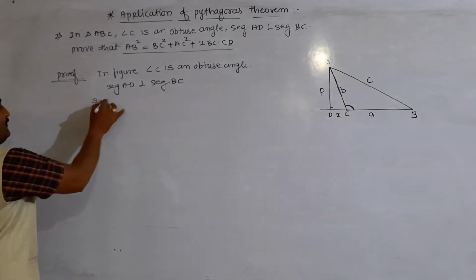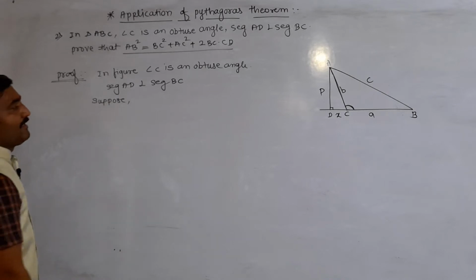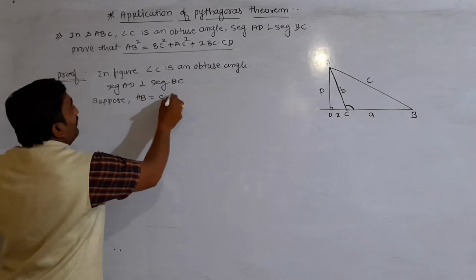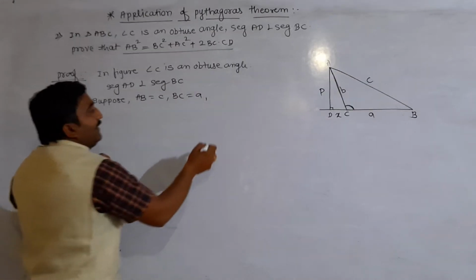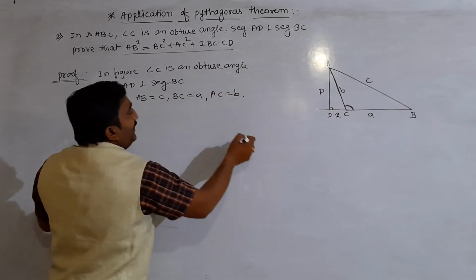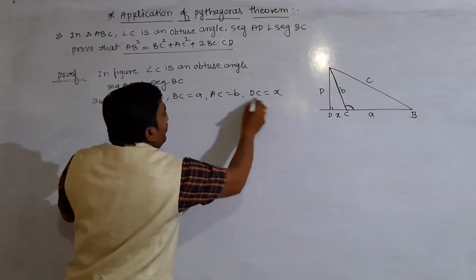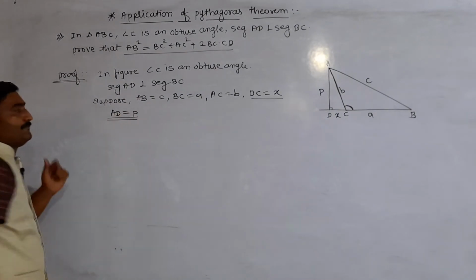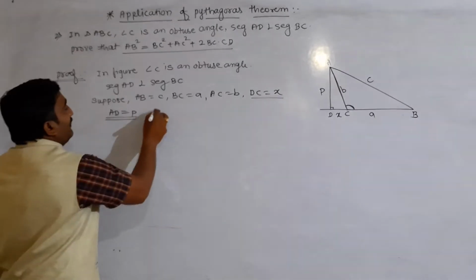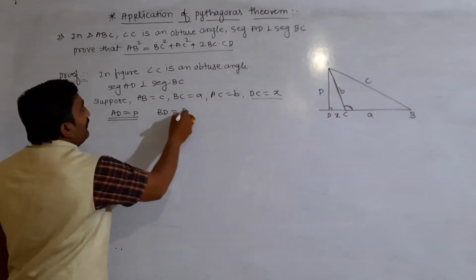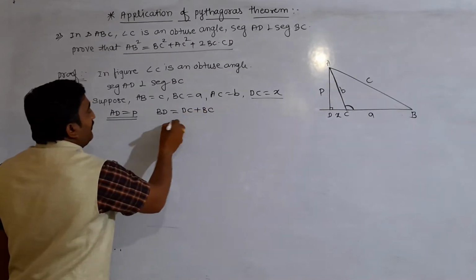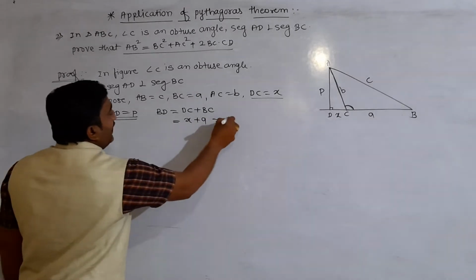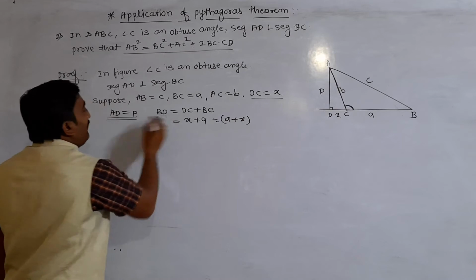Suppose AB is equal to c, BC is equal to a, AC is equal to b, DC is equal to x, and AD is equal to p. So calculate the value of BD. Then BD is equal to DC plus BC, that is x plus a. Therefore, a plus x is the value of BD.